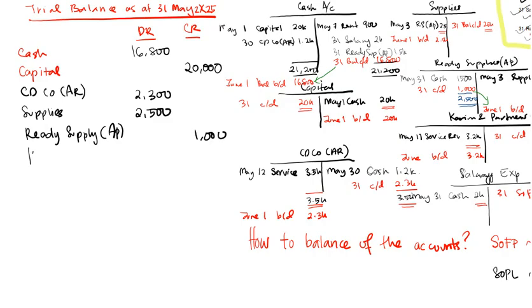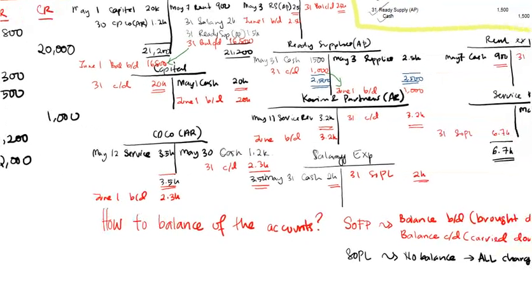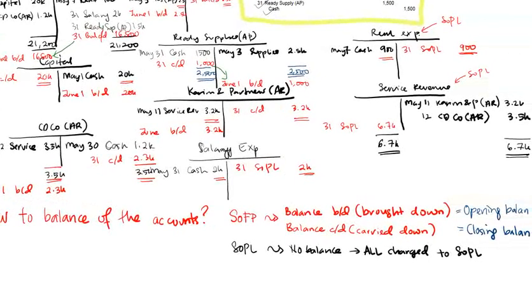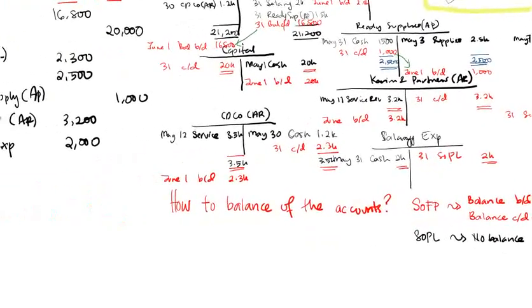Allen and Partners, accounts receivable. They still owe us 3,200 because there's no payment yet. Salary expense for the secretary, 2,000. And let's check. We have two more: rent expense and service revenue, 900 and 6,700.